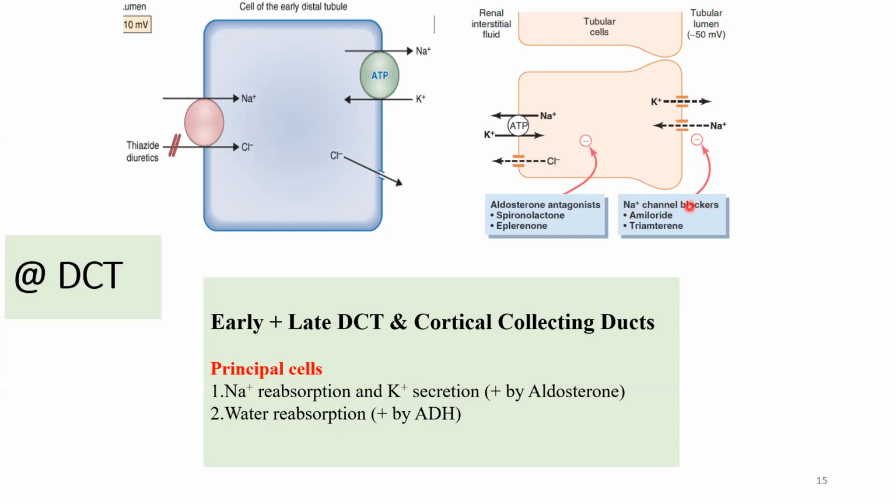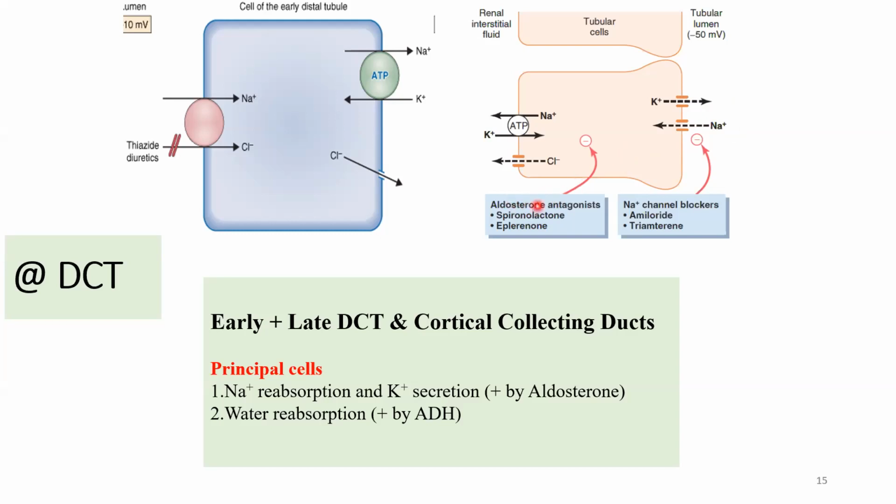There are sodium channel blockers. Again, these are diuretics which act on the channel side. They block it and do the same thing which I've discussed that diuretics do: increase urine volume. Then there is another class of diuretics which act on aldosterone.